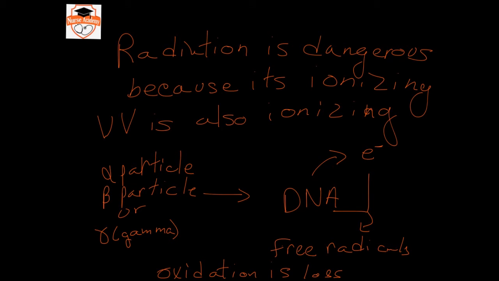It is natural, but we don't want to expose ourselves to too much of this ionizing radiation, because when it pops an electron off, now your DNA, and I'm going to draw a single dot here to represent an unpaired electron, can react with other things that might have unpaired electrons.